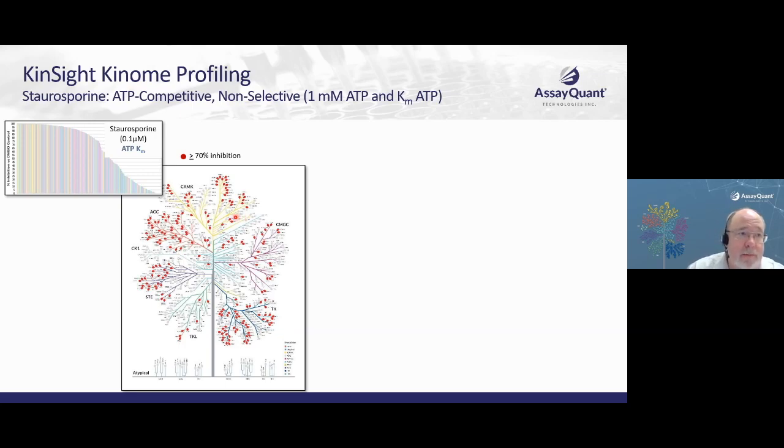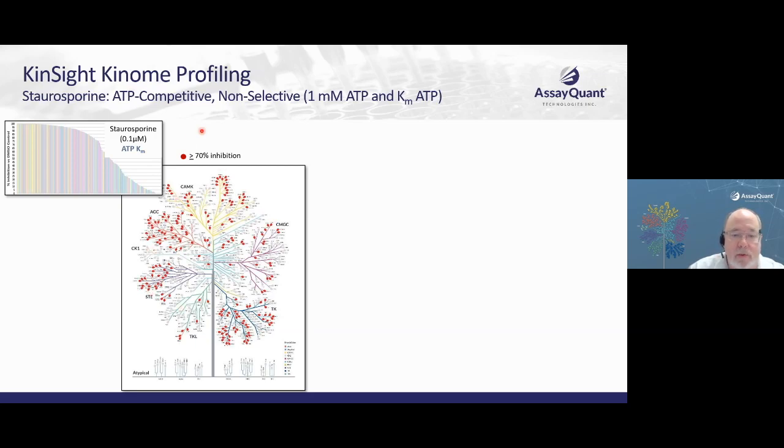Okay, and you can see from this waterfall plot, you get an awful lot of kinases that are hit at this concentration. About a quarter to a third of all of the known kinases are hit by this, and you can see them, all the various leaves for these kinases lit up here.